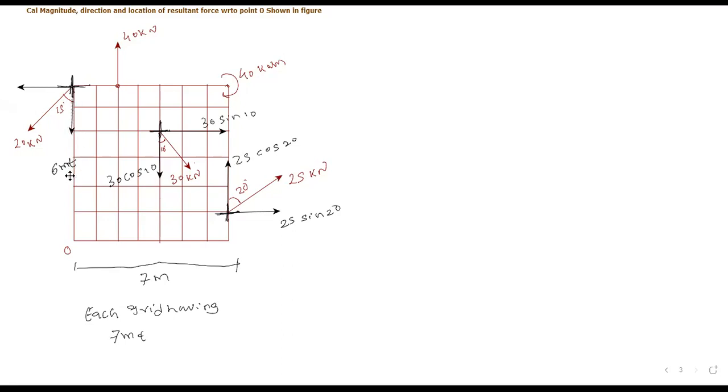I hope all of you are able to understand why I have mentioned towards left, towards right direction resolution or upper direction resolution in this particular sketch. Yaar ye aapko exam mein consider karna hai, data mein nahi diya hai. 20 sin 50, 20 cos 50. Is it clear or not? Please confirm me. Itna clear hai?